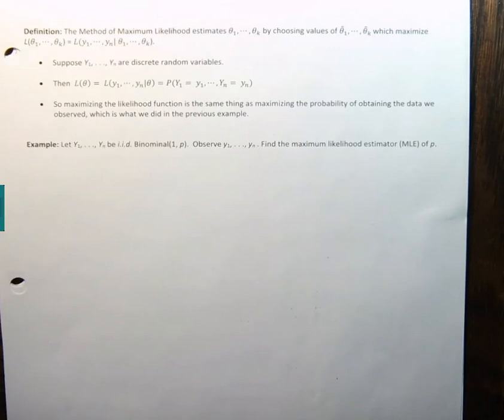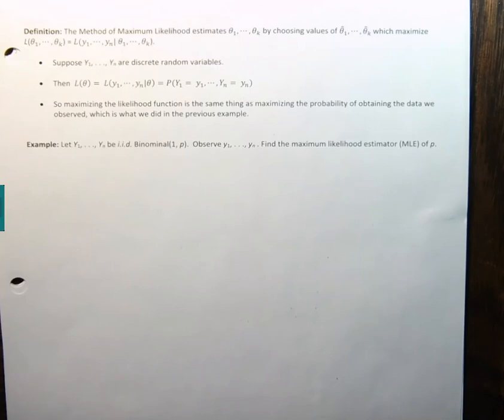So suppose that y1 through yn are discrete random variables. Then remember that the likelihood is going to be equal to the probability of observing all the different outcomes that we observed in our sample. So maximizing the likelihood function is the same thing as maximizing the probability of obtaining the data we observed, which is exactly what we did in that previous example we just saw.